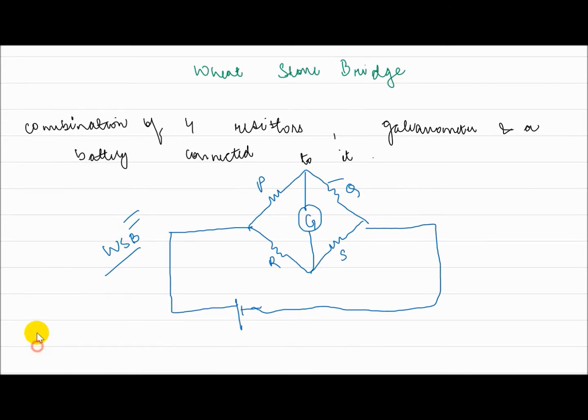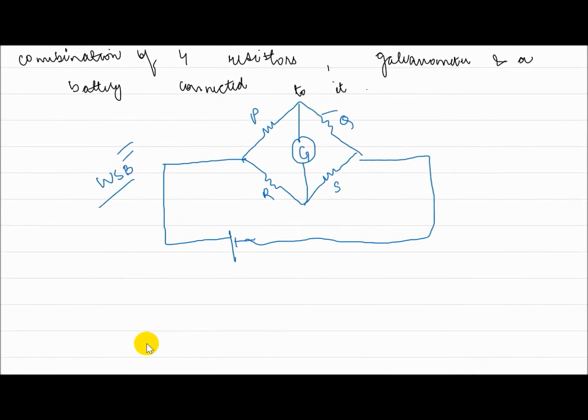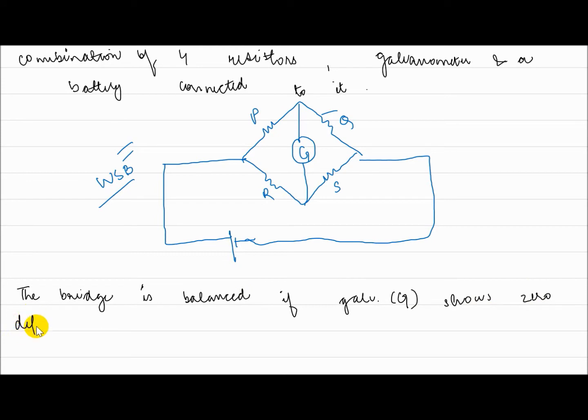There's a balancing condition for the Wheatstone bridge, that is, the bridge is balanced if the galvanometer, that is depicted by G, shows zero deflection, which basically means no current flows through it.